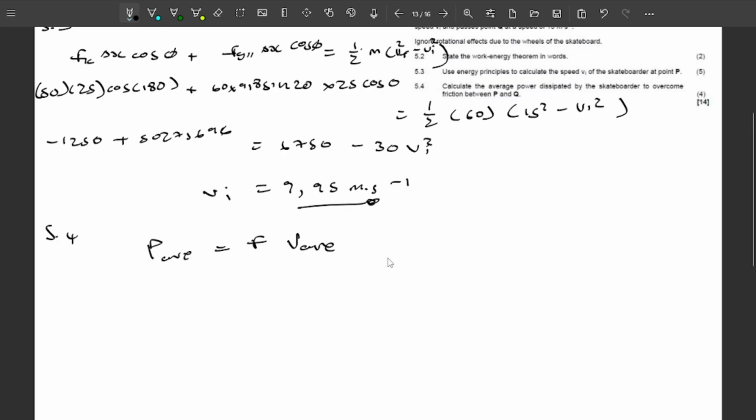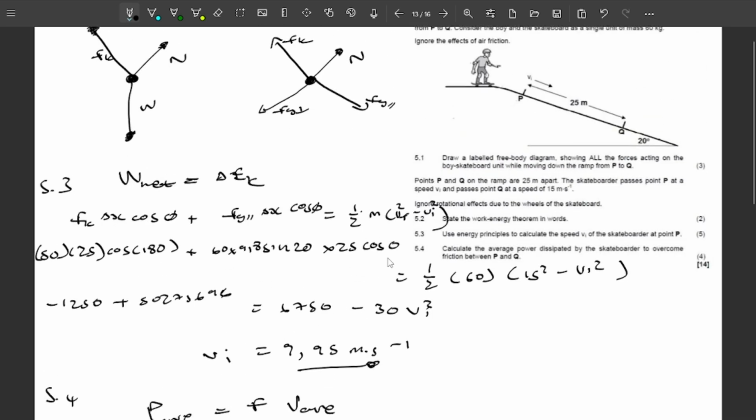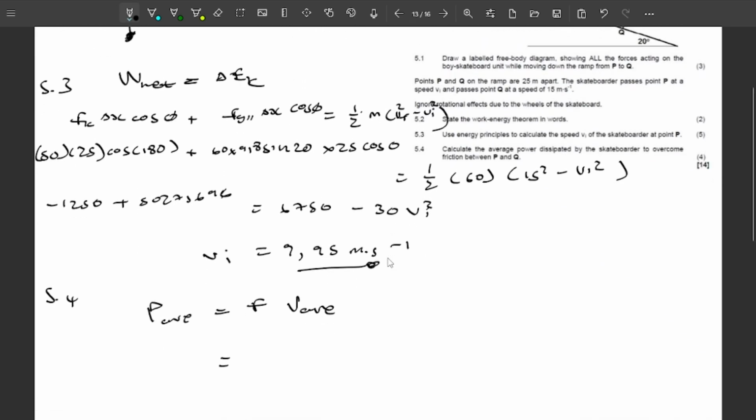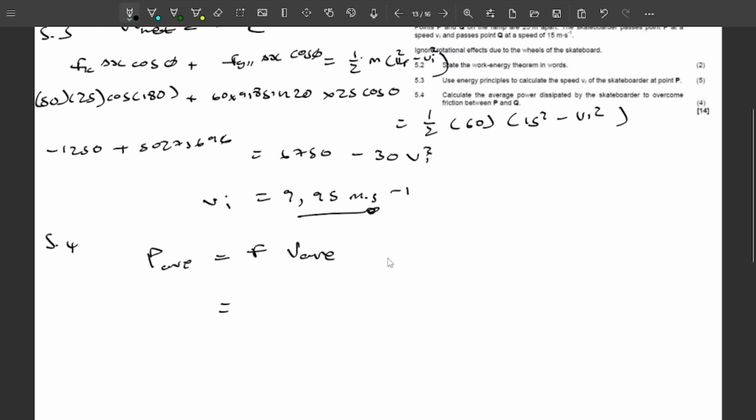Good. Now I'm going to use this one to calculate the last one. They want the average power dissipated by the skateboarder to overcome the friction force between P and Q. Since I know my friction force is 50, the force that needs to be overcome is 50. Now we need to know how much power to add to overcome this 50.